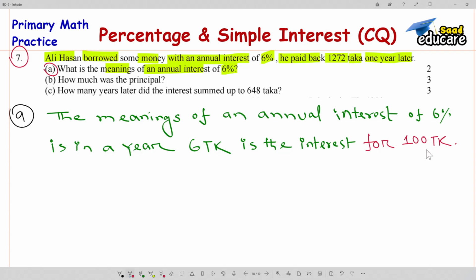So for 200 taka you will pay 12 taka, like this. So it's a 6%. Next question, how much was the principal?